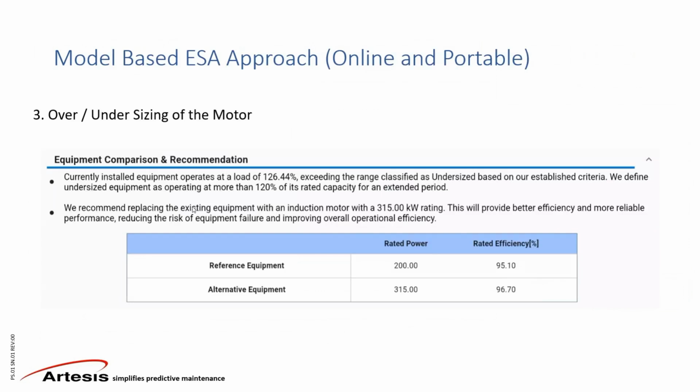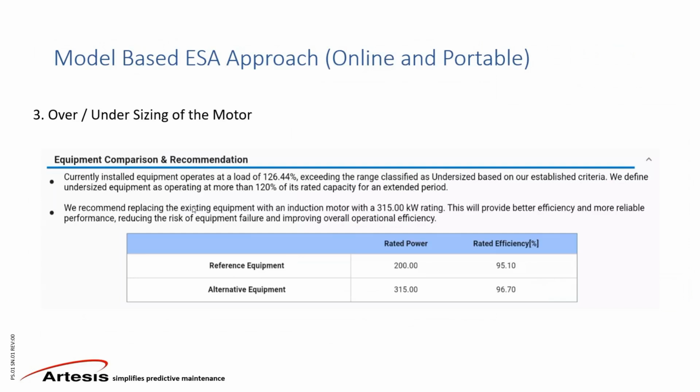So let's look at the over and undersizing suggestions of the Artesis system. Here we have an example of a motor. This equipment operates at a load of 126%, which means this is actually an undersized motor. Normally we generate an alarm if the motor operates at more than 120% of its rated or full load ampere or rated power.